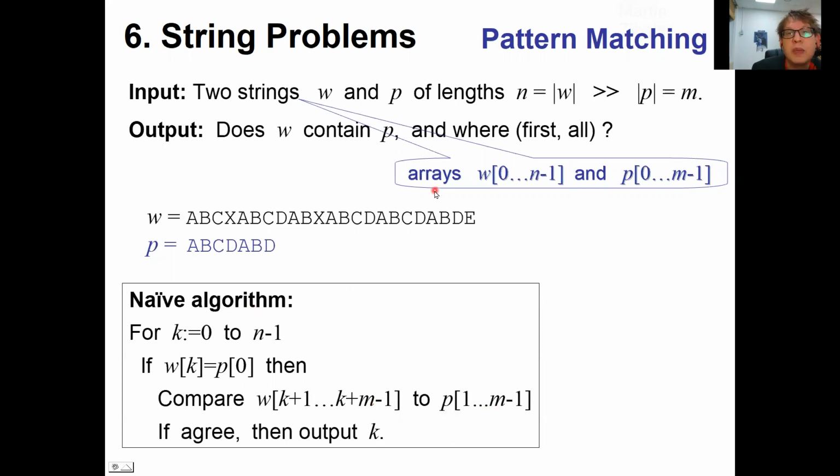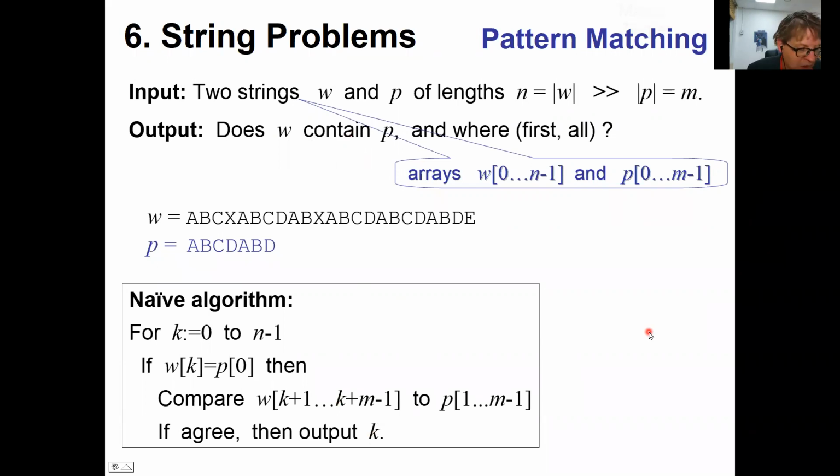So this is an algorithm that solves the first match variant of the string pattern matching problem, and therefore also solves the decision version, because if there's no output, then that means the pattern does not occur at all.